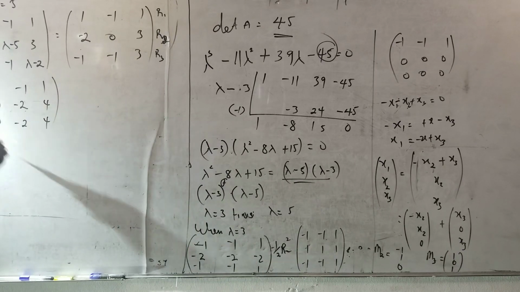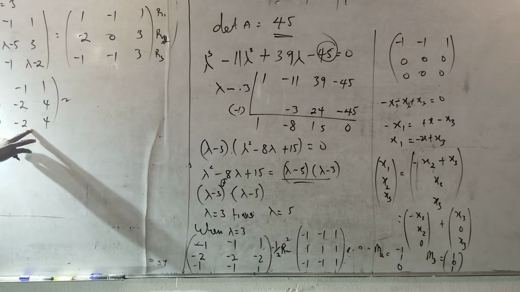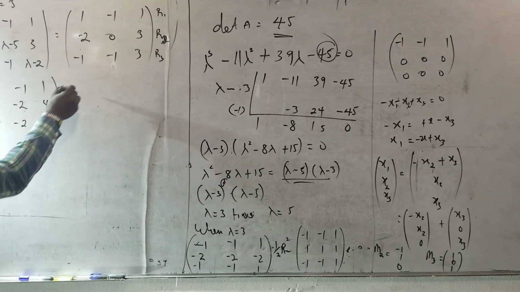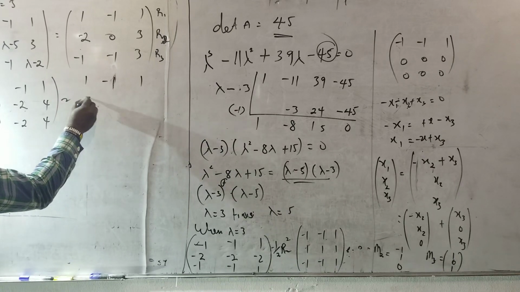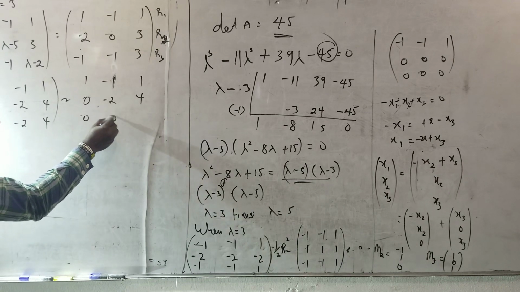And the next thing is, if I have my R3 minus R2, it will be 1 minus 1, 1, 0 minus 2, 4. It will be 0, 0, 0.